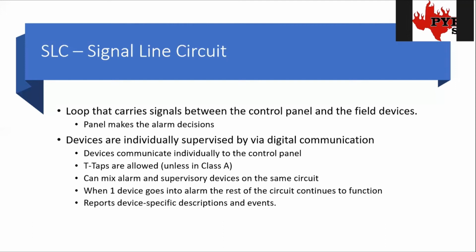So your device is kind of making your alarm decision in those situations. With SLC and these more intelligent devices, your devices are actually sending the specific readings, the specific percentages of air to smoke that's in the device or how hot it is to the panel. And the panel is actually what's determining, okay, is this an alarm condition or not?